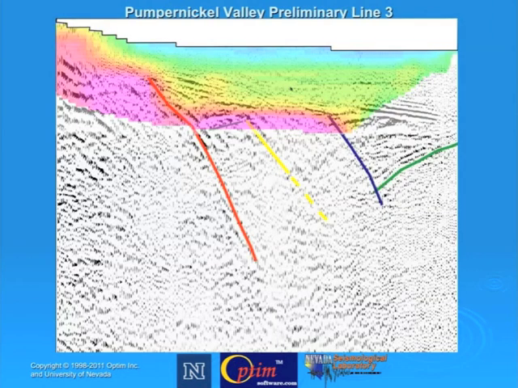It's especially interesting to put the velocity results together with the reflection results, like here. In red, we can trace out the range front fault. It's quite a strong reflection itself, down to a significant depth.